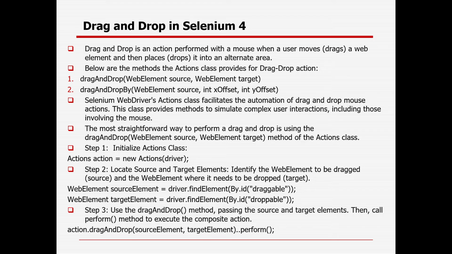There are a couple of methods available in the Actions class to perform the drag and drop operation. dragAndDrop, where we can provide the web element source and web element target reference, and dragAndDropBy, where you only give the web element source reference and then an offset value for the x-axis and an offset value for the y-axis.